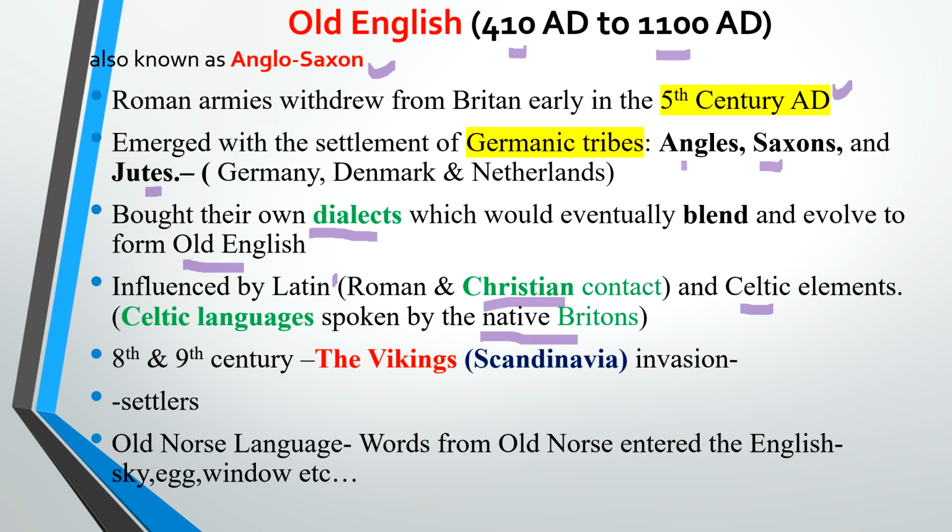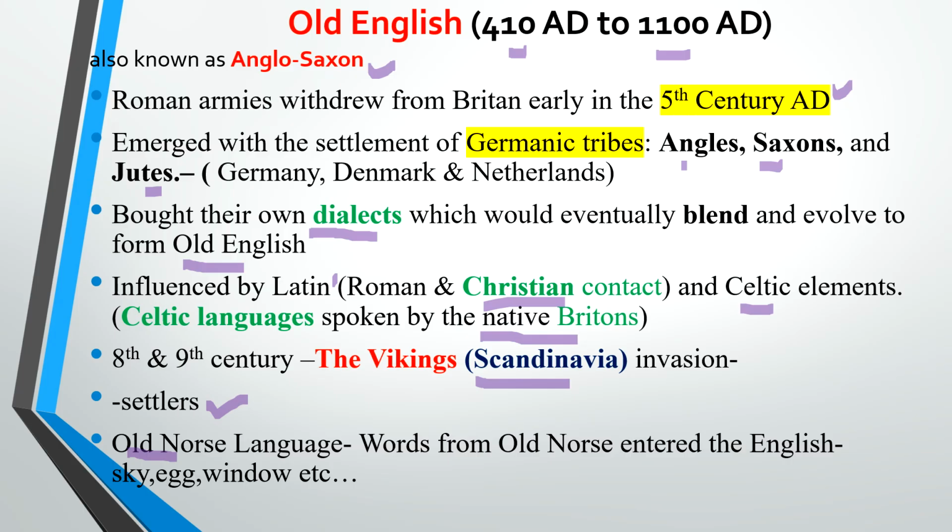In the 8th and 9th century, the Vikings invaded Britain. The Vikings were all from Scandinavia. They invaded Britain, and they settled in Britain. Their language was the Old Norse language, and it also influenced the English language.